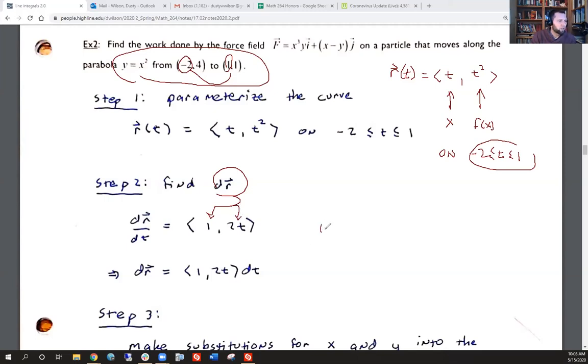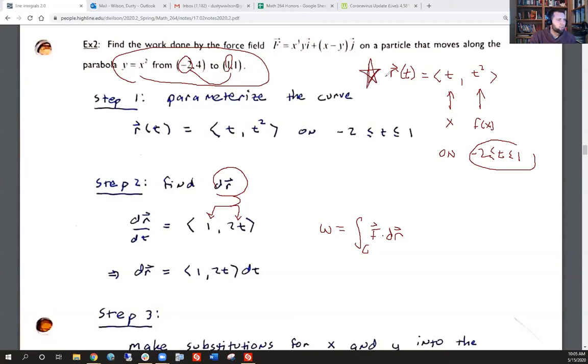And then when you actually go to calculate the work, the formula for work would be the line integral of f dot dr. Kind of just a little bit of plug and play. The main thing that I wanted to review in this was the parameterization part.